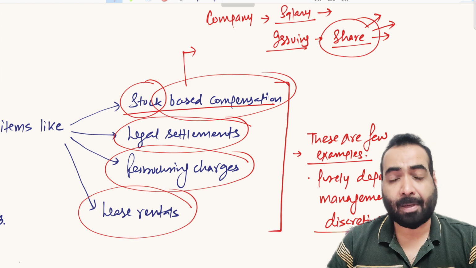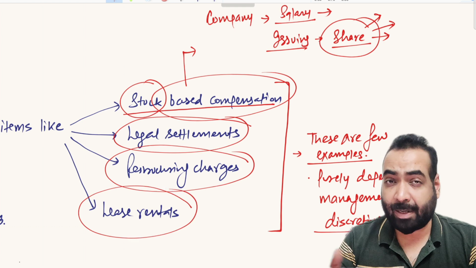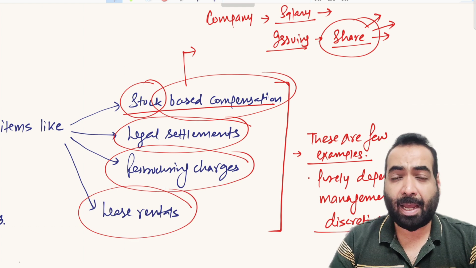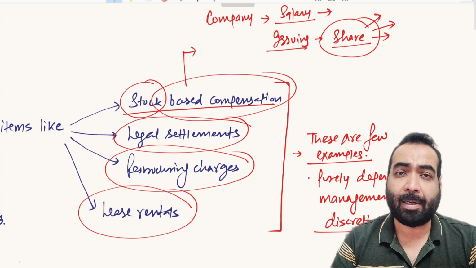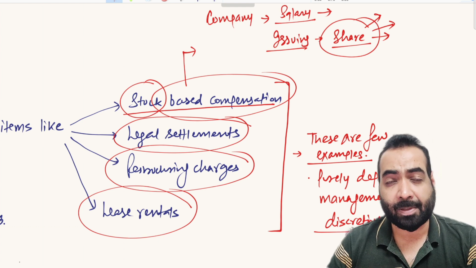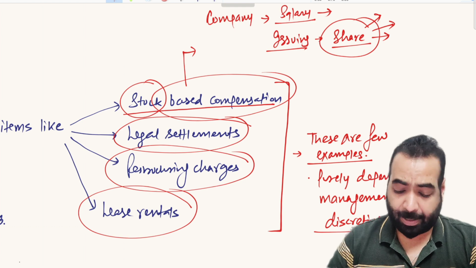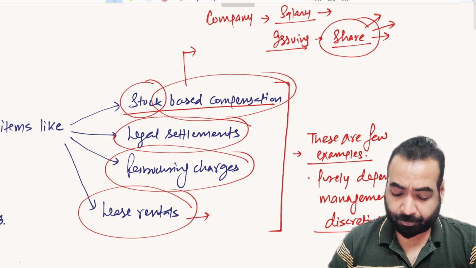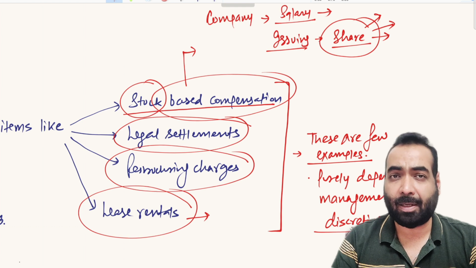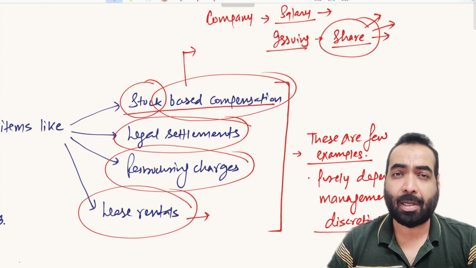Lease rentals. Some analysts treat lease rentals as good as the interest and principal on your debt. Some treat them like normal administration expenses. If you treat them like principal and interest on the debt, then you have to add them back, like you have added back the interest in the calculation.